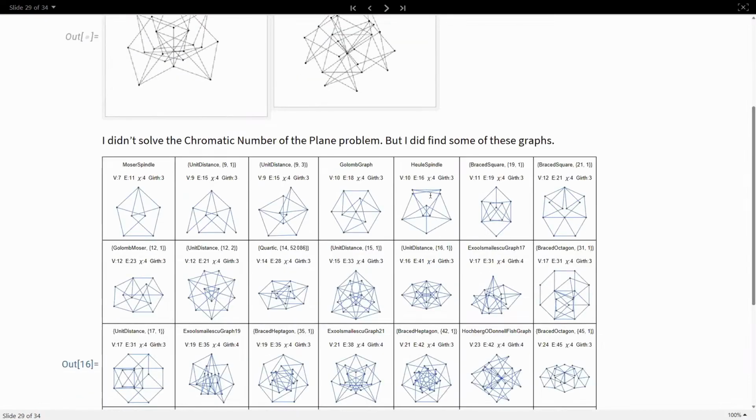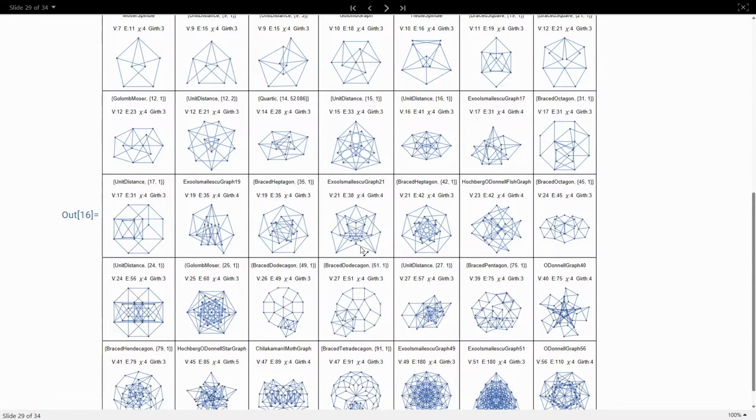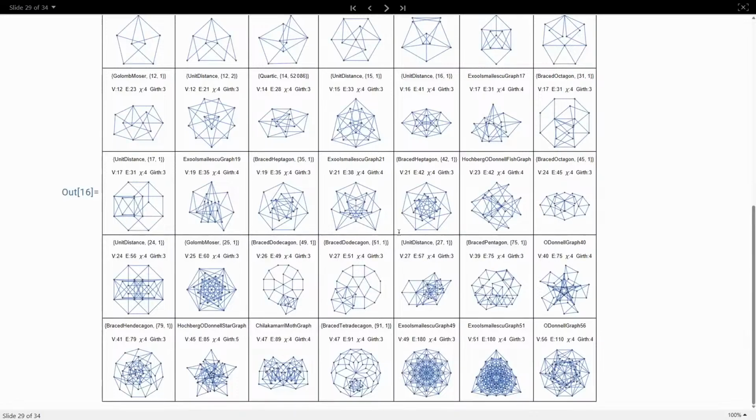He found that this spindle is just as useful as the Moser spindle, and he used that fact to prove that his graph needs at least 5 colors. I found a few of these graphs that are shown here, but they didn't have much of an impact on the problem.